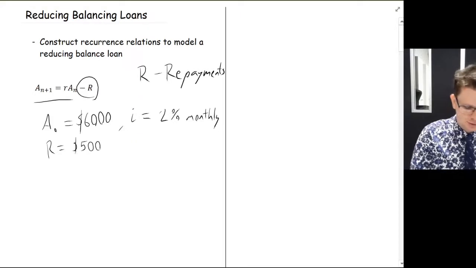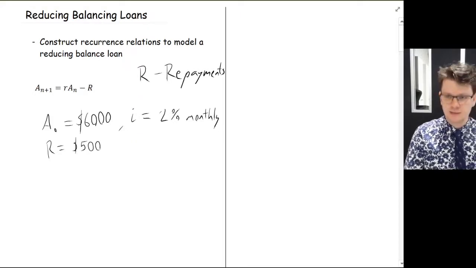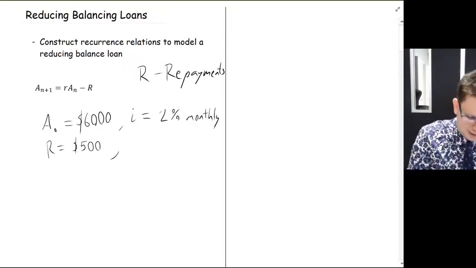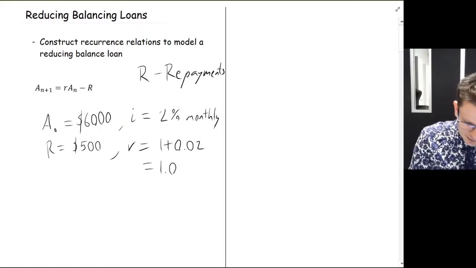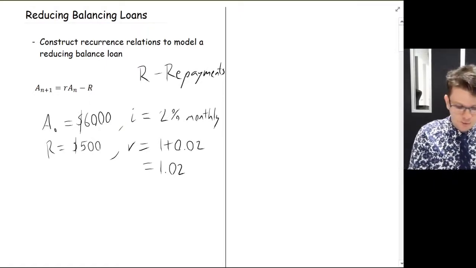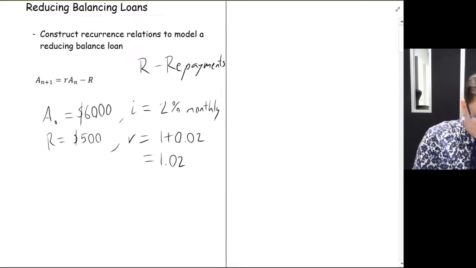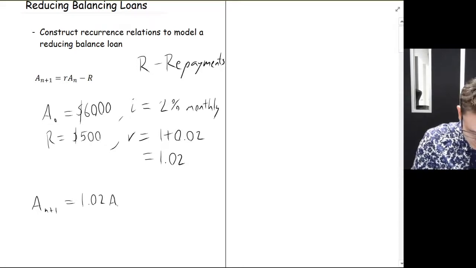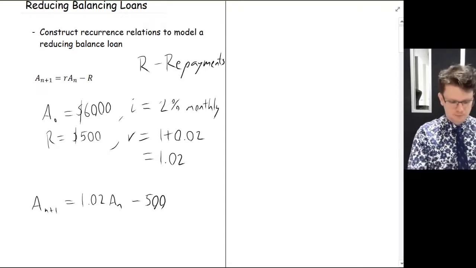Righty, so we've got these little pieces to play with. I still need to work out my R, my lowercase r. Well, that's just going to be 1 plus 0.02, 1.02, not percent, just a number. So my formula now looks like this: A(n+1) equals... how do we read it?